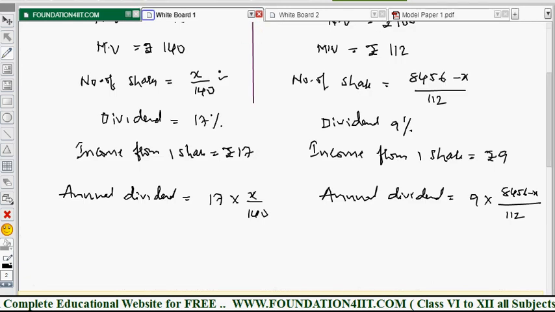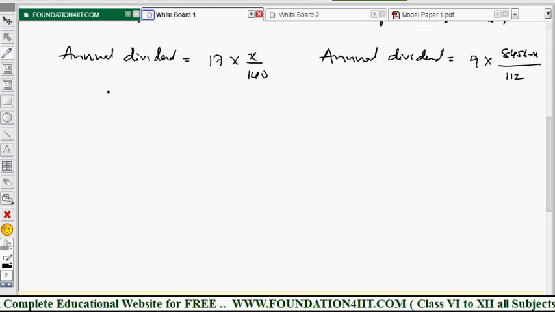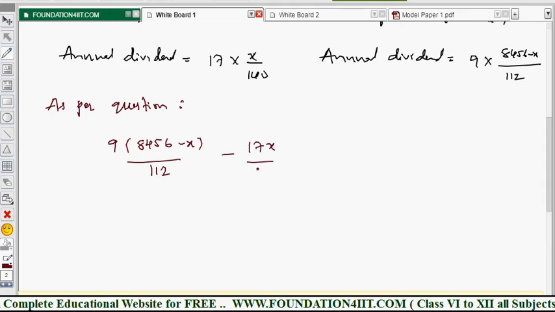The second one is higher compared to the first, because the second is 58 rupees more. Then as per the question, I can solve: 9 into (8456 minus x) by 112, minus 17x by 140, equals 58.